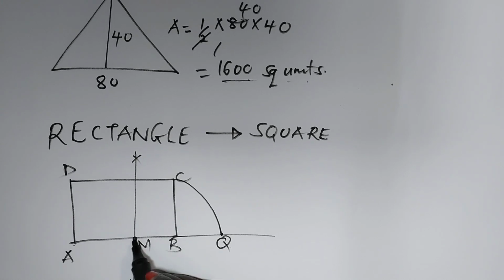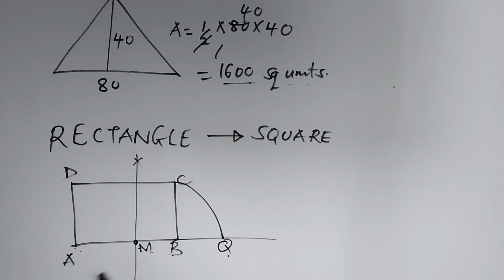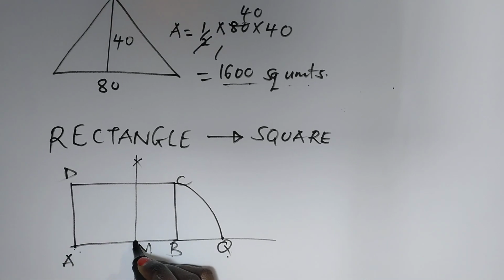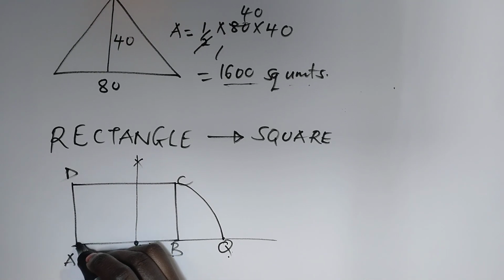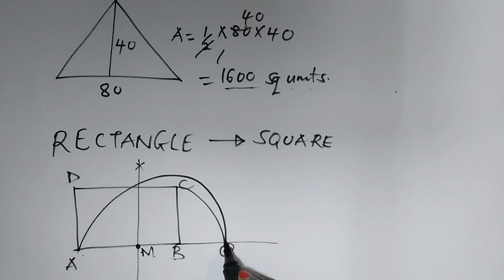Now you're going to take point M as the center and open your compass to point A. Remember, AM and MQ are equal. So I'll stand here, open my compass to point A, and draw this semicircle.